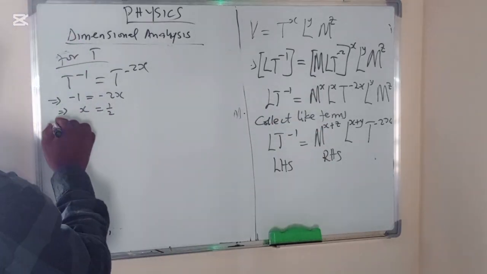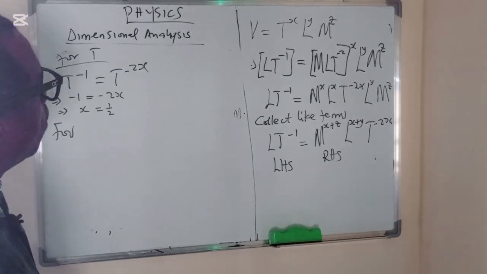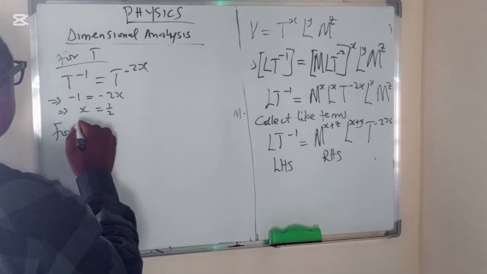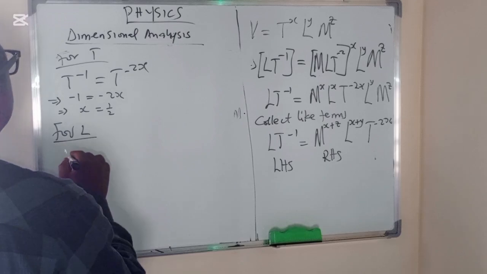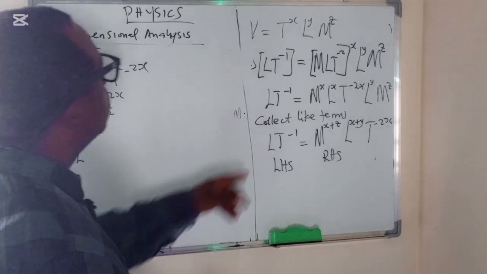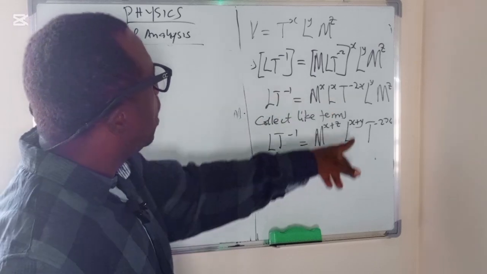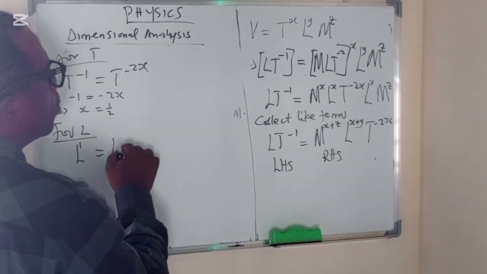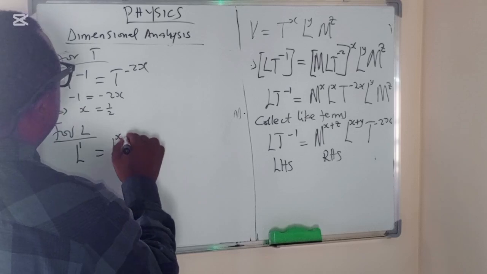So for L on the left hand side, we have L raised to power 1, and on the right hand side we have L raised to power x plus y.